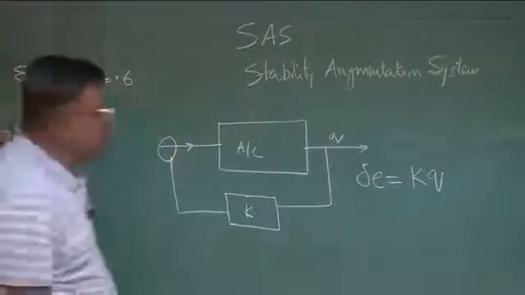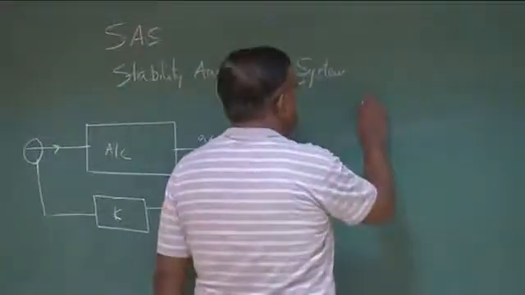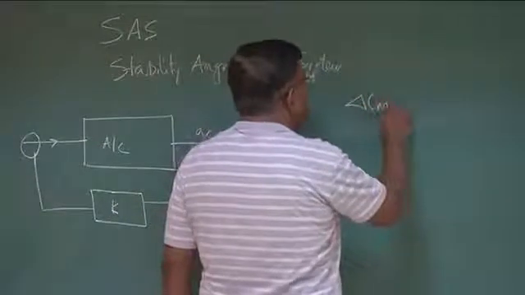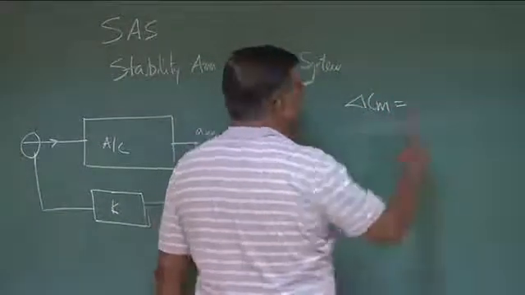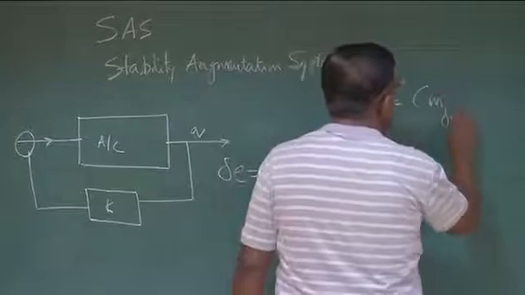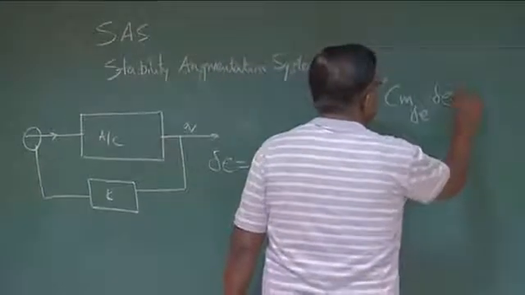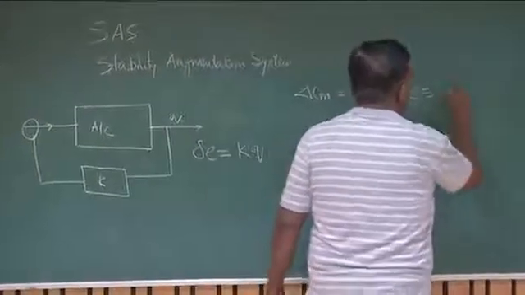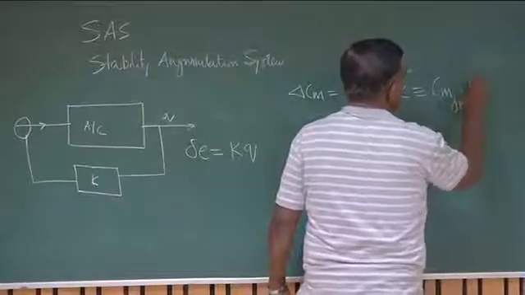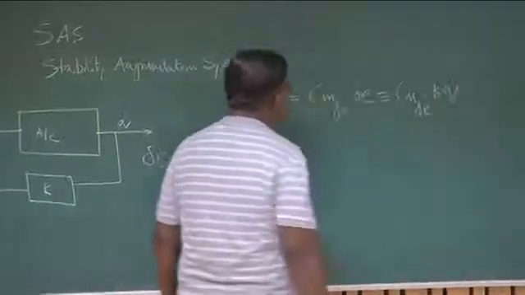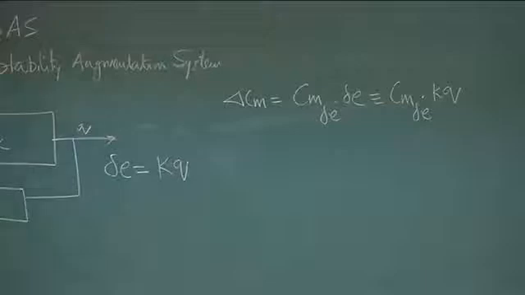Then what will happen? As I deflect elevator, so what is delta Cm? I am getting, because of elevator deflection, that is Cm delta E into delta E, which will be equal to Cm delta E into KQ, right?